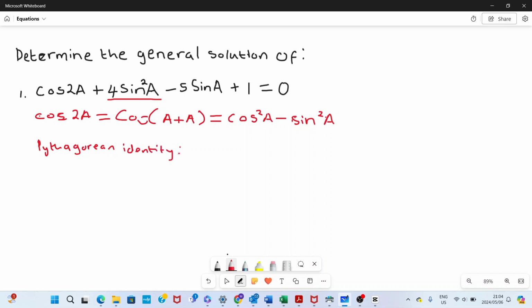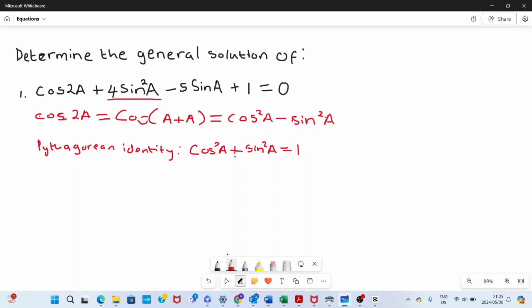The Pythagorean identity for trigonometric functions is given by the cosine squared of a plus the sine squared of a, which is equal to 1. I seem to be writing fast today and keep making mistakes, sorry about that. So this is the Pythagorean identity.